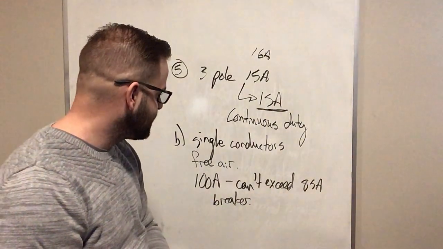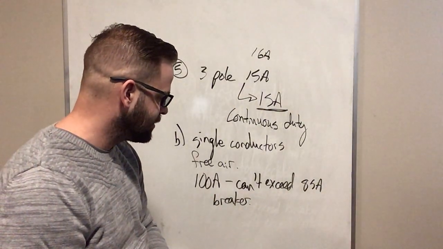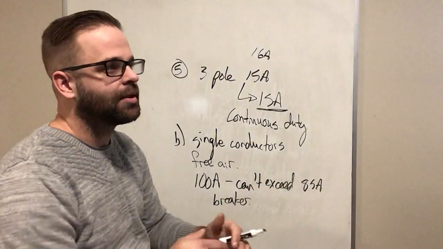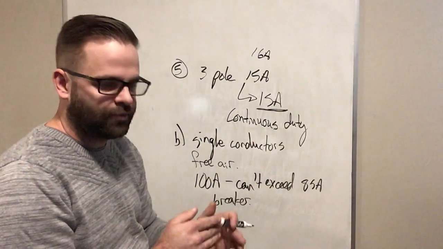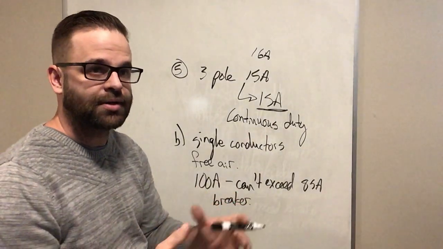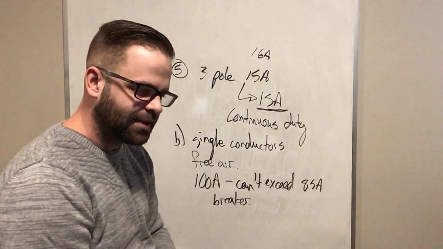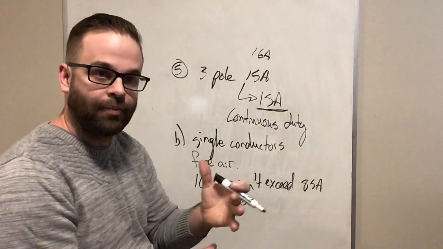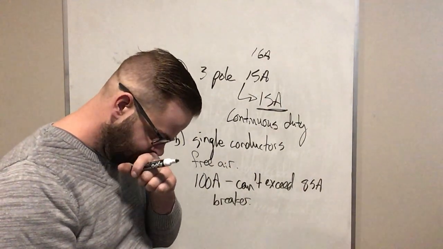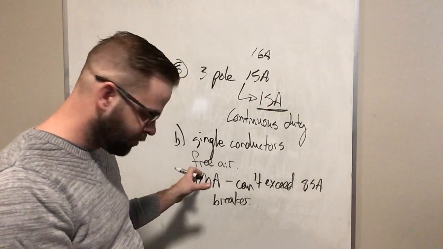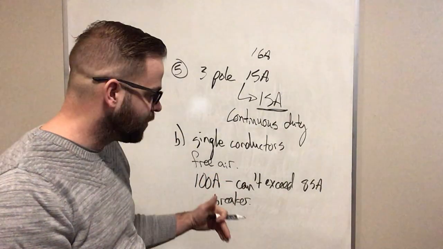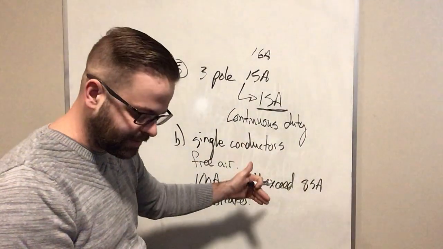And what ends up being found with this is the reason why you can't exceed that. Typically in free air, if you have two conductors that are the exact same size, the conductor in free air, because there's air around it, is able to dissipate more heat in the air. When you end up sizing it based off this rule, I can actually get away with a smaller conductor to feed this.